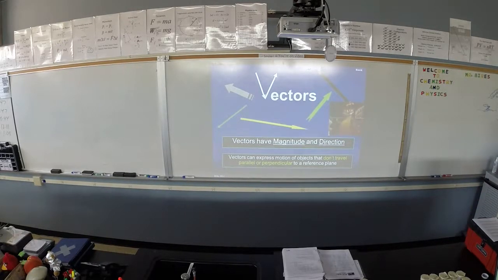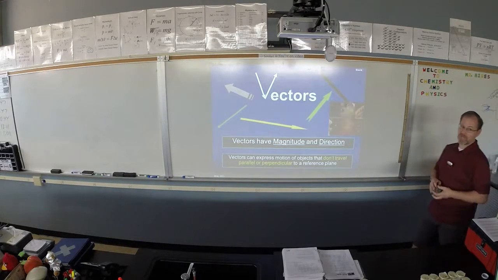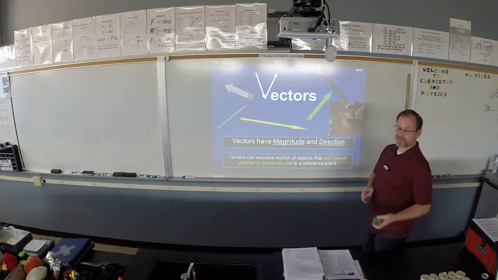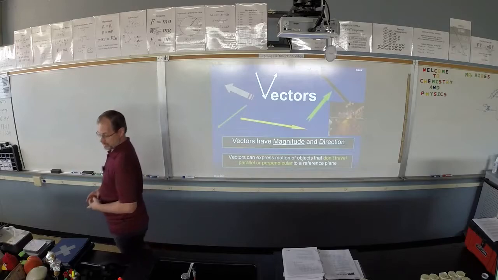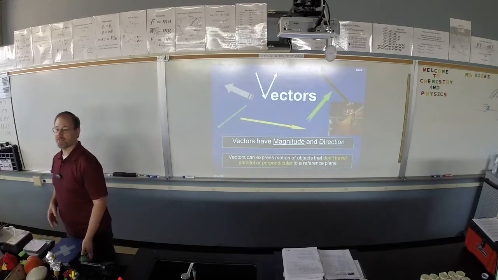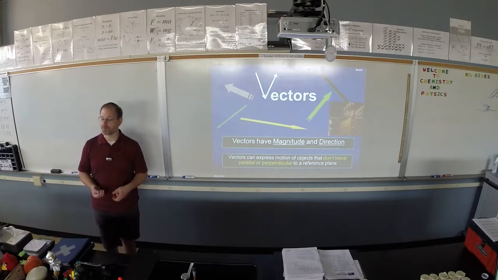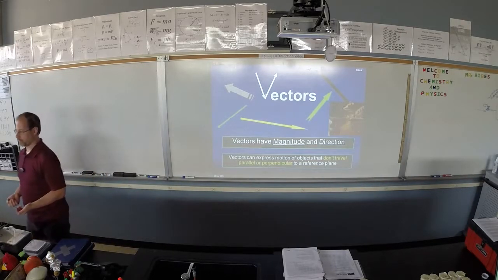When you add your speedometer to your compass, you get a vector that tells you magnitude and direction. You get velocity. Okay? Distance is how far you've gone. Displacement is how far you've gone in a direction. So things that have both a magnitude and a direction are vectors.